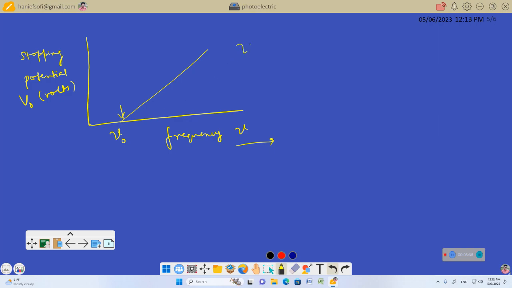This frequency is called the threshold frequency. This threshold frequency is the characteristic of the metal surface in question. That means every metal surface will have its own threshold frequency, right?